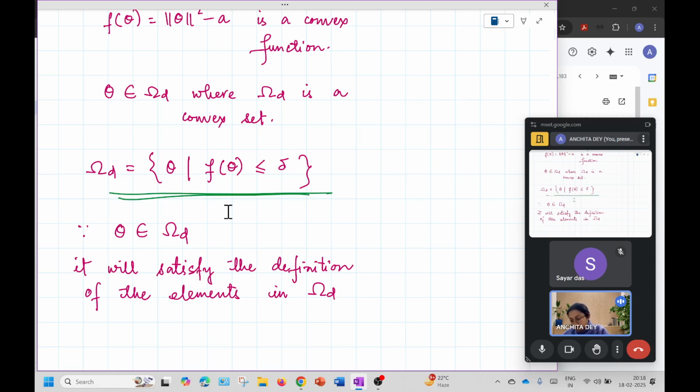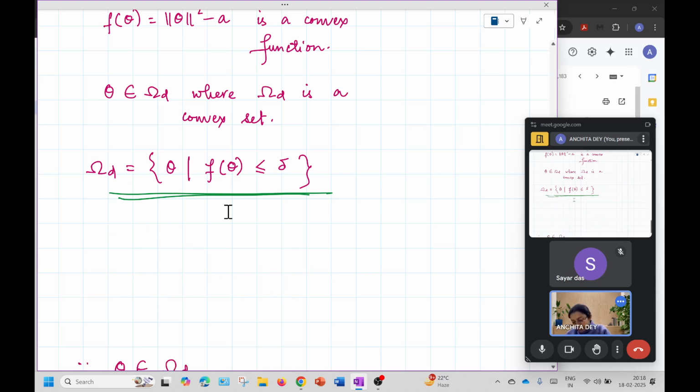The question seems very straightforward, but in exams you could also get this set in this form: some z with f of z less than or equal to delta.